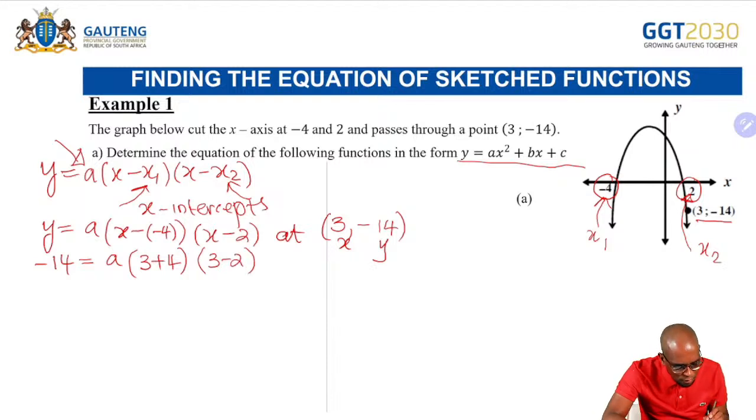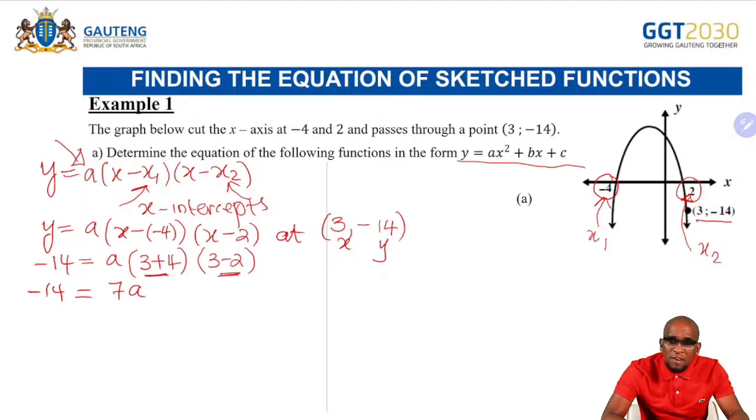Now, when you simplify this, 3 plus 4 gives you 7, and 3 minus 2 gives you 1. So 7 times 1, you get that this is now 7a is equal to -14. Remember, I got the 7a by adding 3 and 4 to get 7, then multiplying 7 by 3 minus 2, which equals 1.